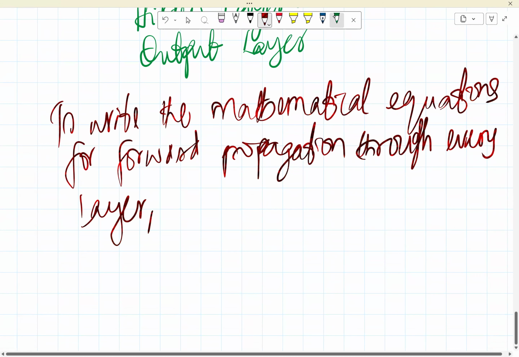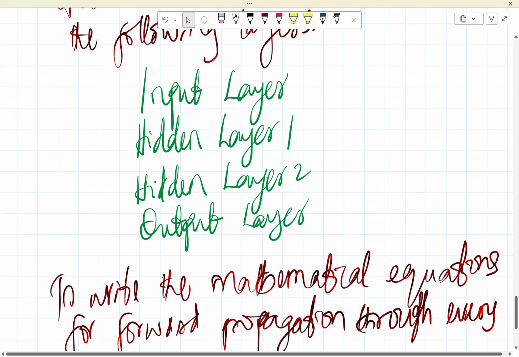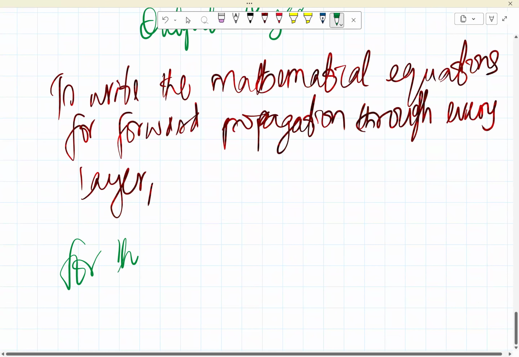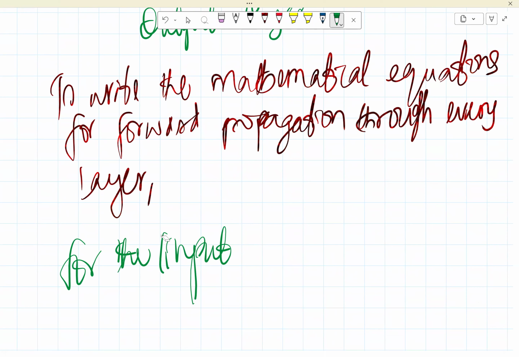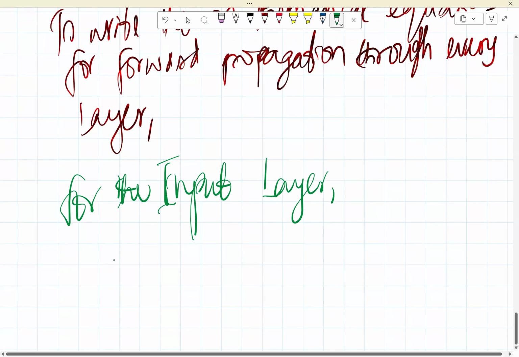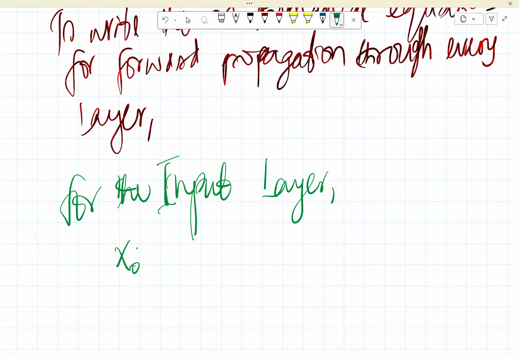What do we have? For the first step, for the input layer, of course, what we have at that point is X, we can even call it X naught.